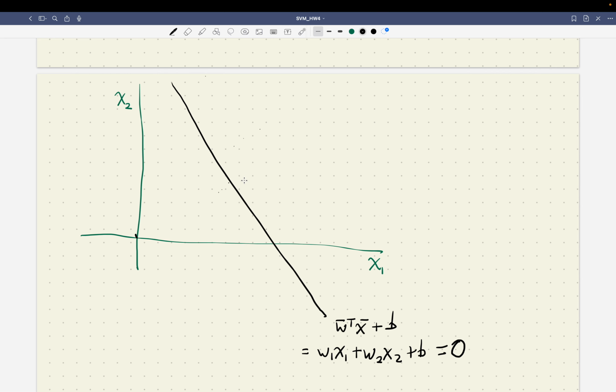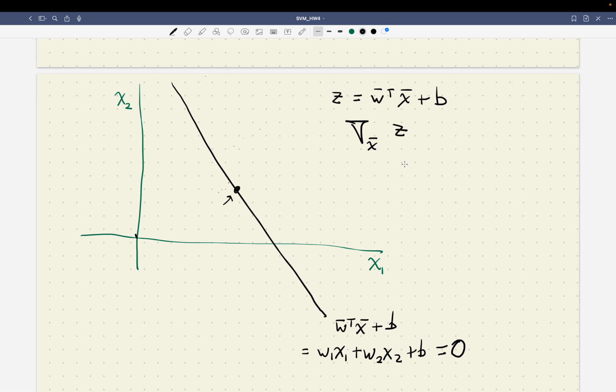If I take a point on the line initially, and I look at the gradient of the function z equals w^T x plus b, where x are the variables, this is a little bit different than what we've been doing.